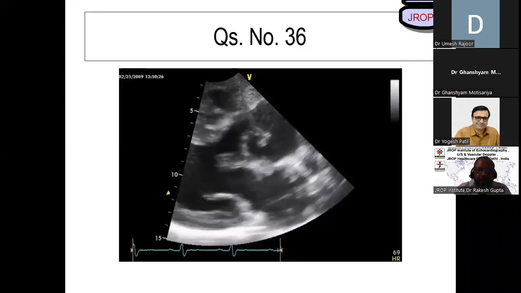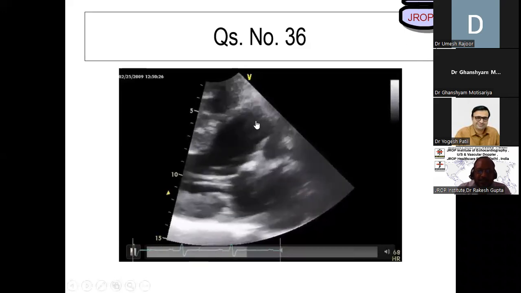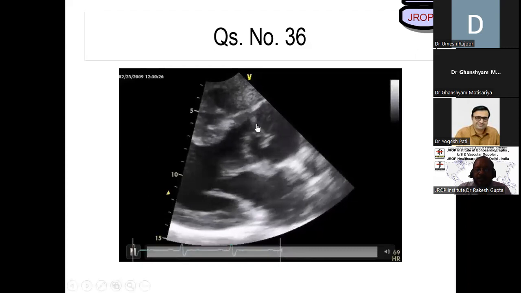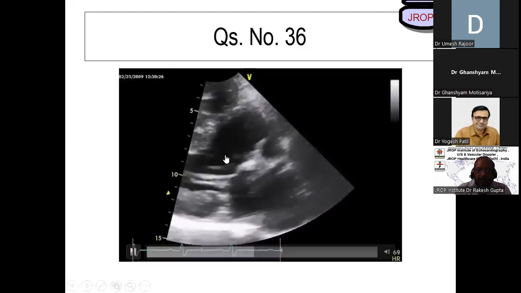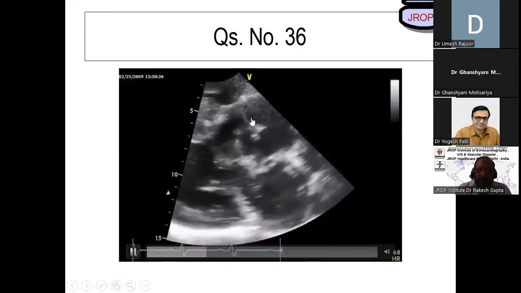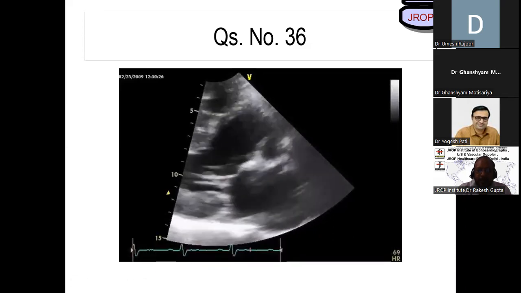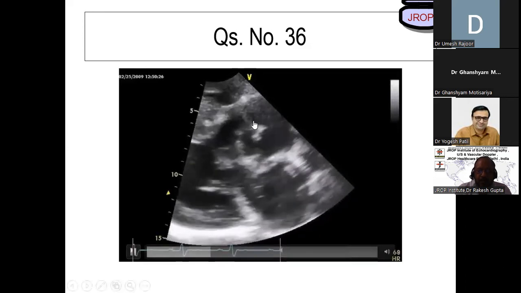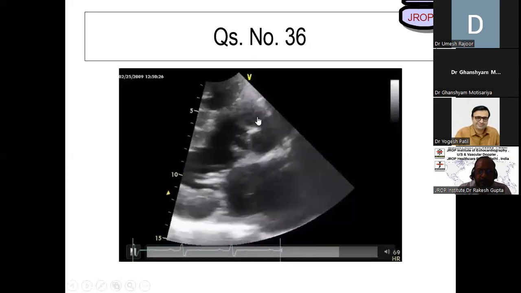Okay, I'll pinpoint. Bicuspid aortic valve. How do you say bicuspid in this flax window? You can never say bicuspid here. You have two cusps. What is this cusp, right, left, or non? Right coronary cusp. Normal, abnormal? It's normal.